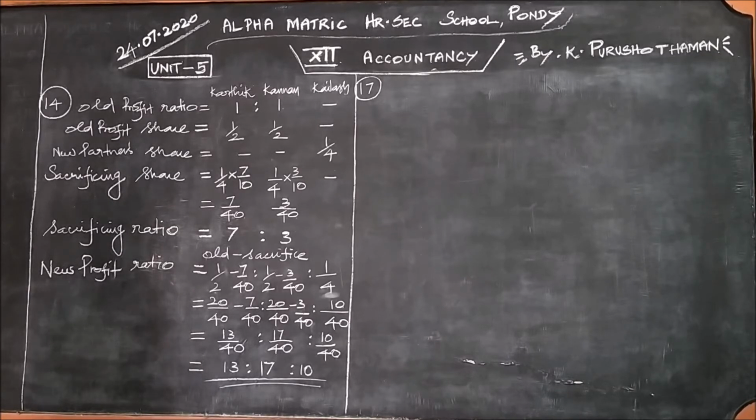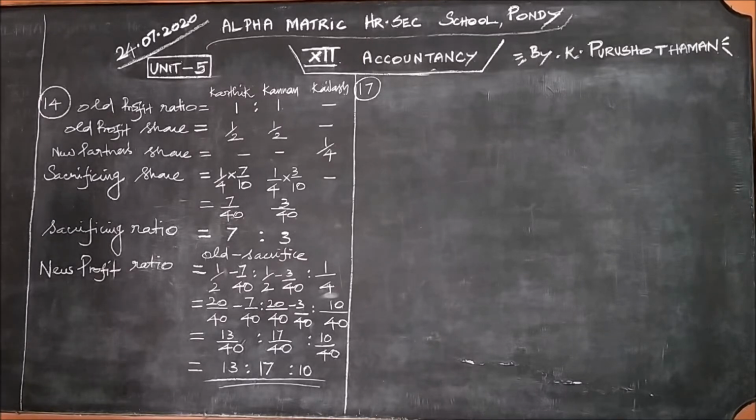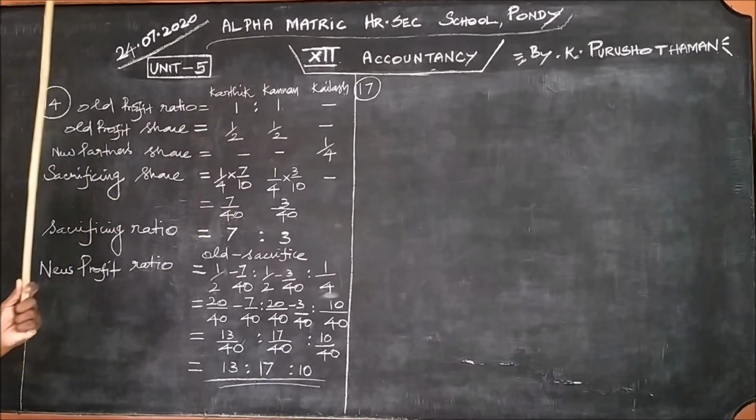Once again, I repeat this problem because it carries some typical ideas. What are they? The first thing, here the ratio of the old partners is not directly mentioned, but they are equal partners, it is said. Therefore, it is presumed that the ratio is 1:1.